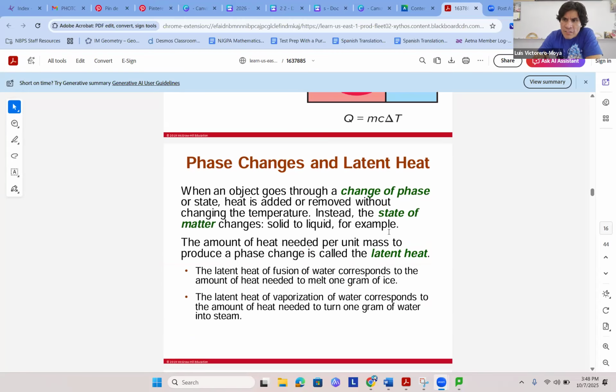And then we can talk about phase changes and latent heat. Latent, by the way, means hidden. Why? Because you saw that the equation of heat depends on the change in temperature. However, in situations like latent heat, the thermal energy doesn't depend on the change in temperature. It's just a factor of mass and something we call the latent heat of fusion or latent heat of vaporization.